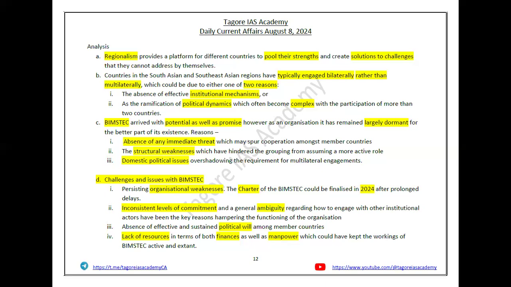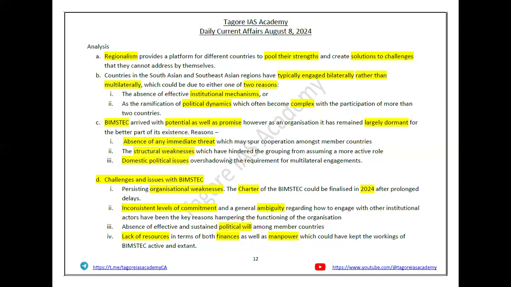Yes, there are frictions, but no immediate friction which can galvanize the other countries. Then structural weaknesses, where structural means more institutional. And then domestic political issues are considered more important. Of course, in a democracy, they always are, right? So this is what is holding things back.